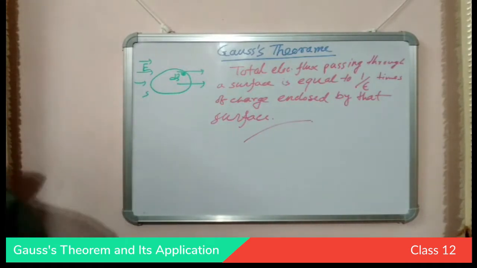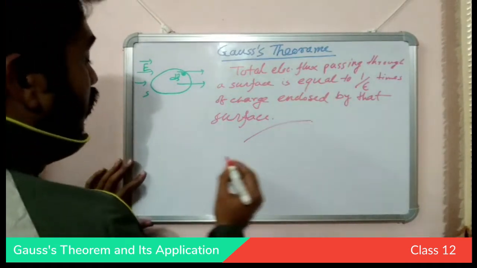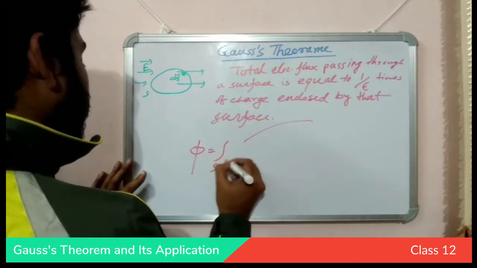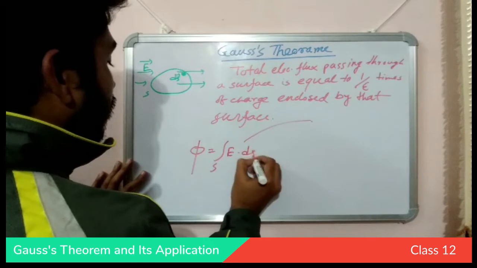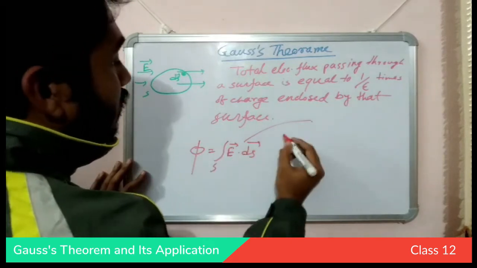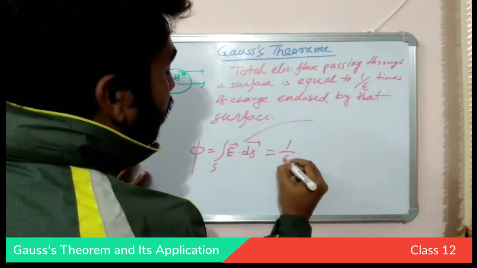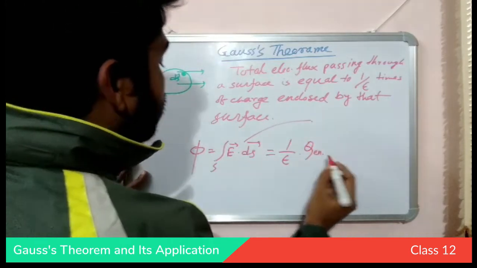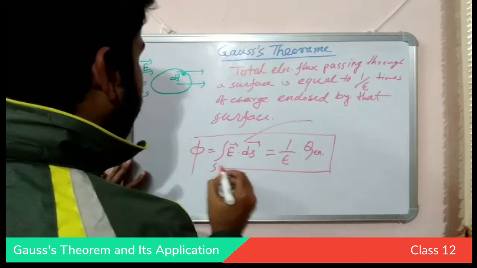So according to the definition, total flux passing through a surface is E dot ds, and this will be equal to 1 by epsilon times of total charge enclosed by that surface.